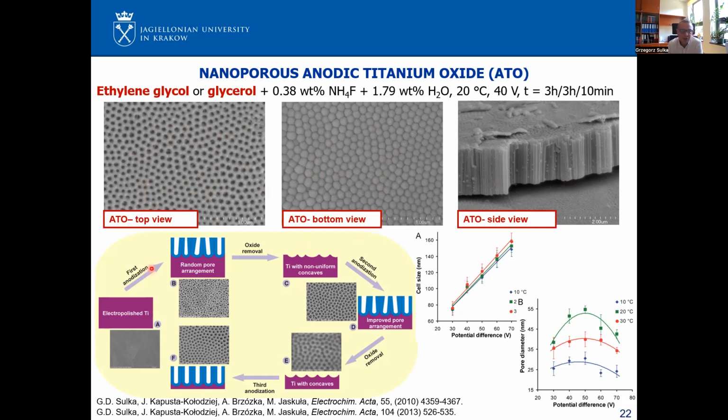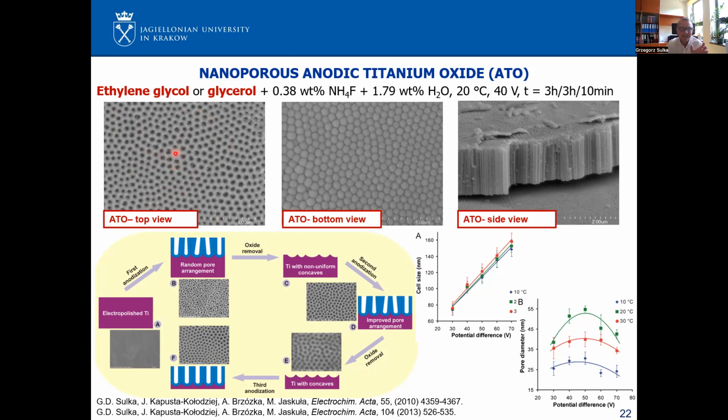We typically use a three-step process, three-step anodizing process. So after each anodizing, we remove the oxide layer in order to observe quite regular arrangement of pores. Of course, we can also engineer and tune the pore diameter, changing the potential during anodization in a certain range.